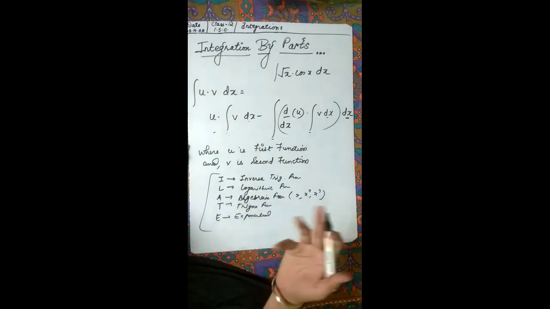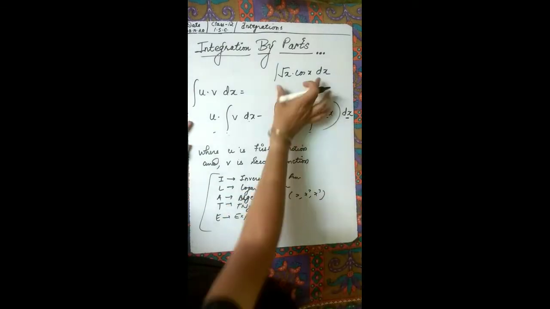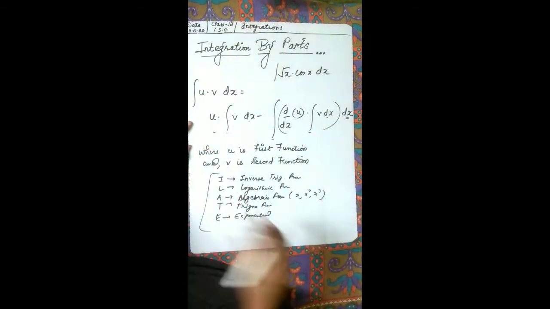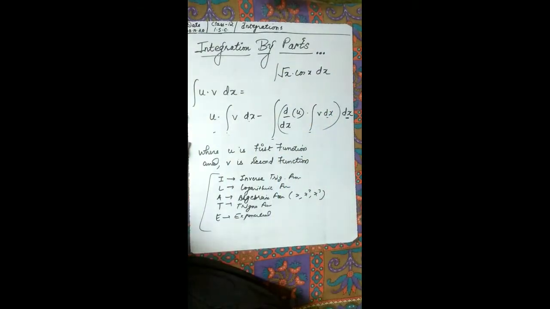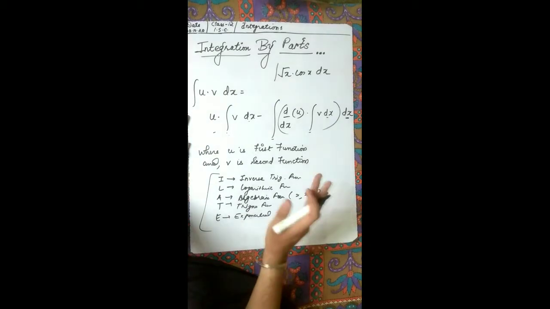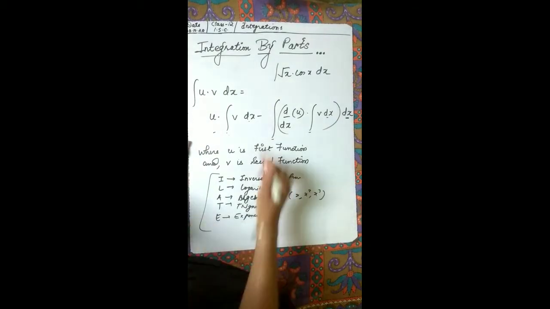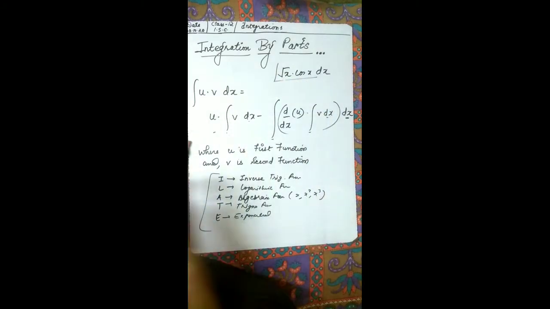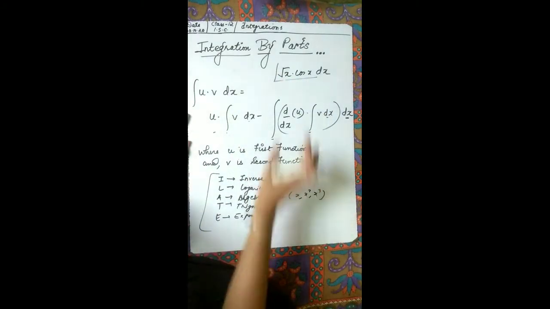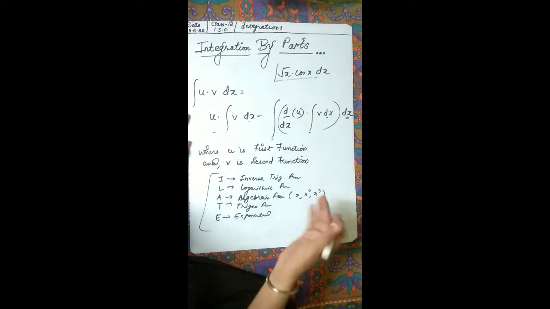Because there is no such function whose derivative gives this. Did you understand what I said? If you want to integrate this, there will be no integration of this, because you won't get root x cos x as a derivative of anything.